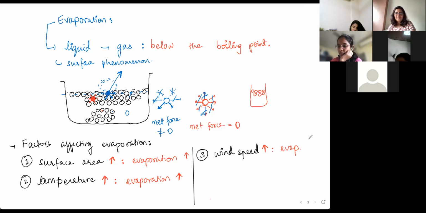Okay, opposing answers. Can you give me your explanation? Why do you think higher? Why do you think lower? Higher, because the air has a certain capacity to take in molecules of water. When wind comes, the air gets moved away, and there is more space for more particles of water. So it increases. Okay, and why do you think it's lower?